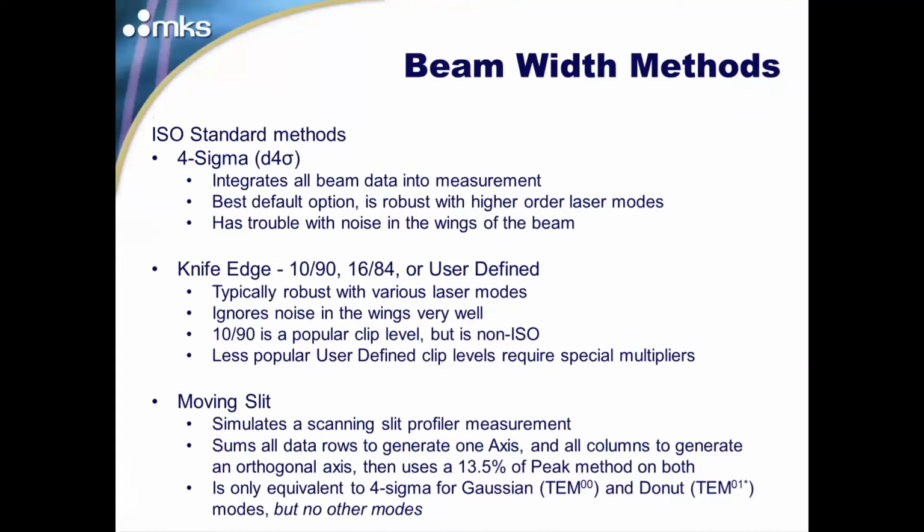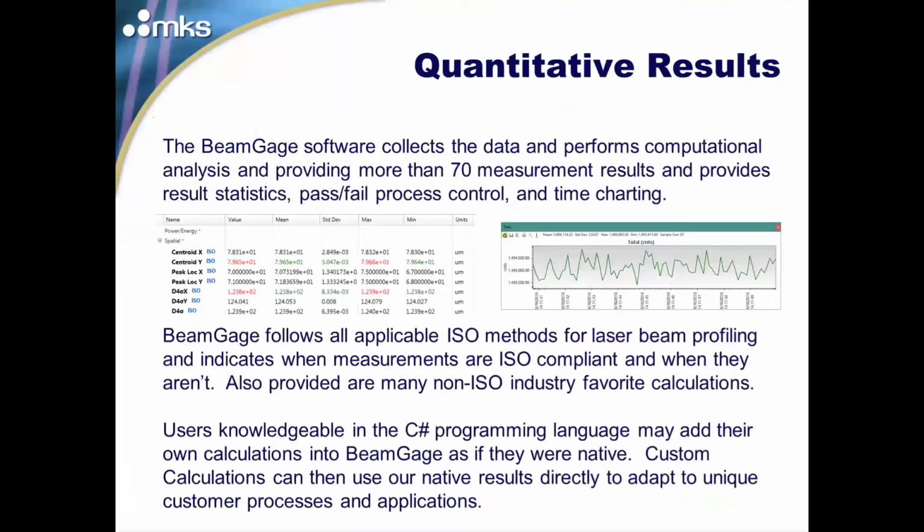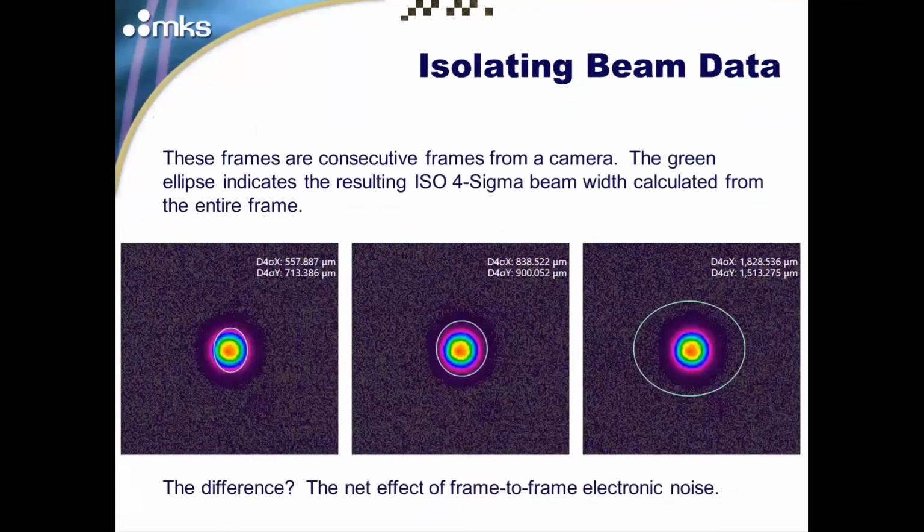And that's definitely apparent if I jump back a few slides here. Right here, our 4 Sigma widths, just with a little bit of noise in the wings, going across that entire frame, that was enough variation to affect the 4 Sigma calculation.